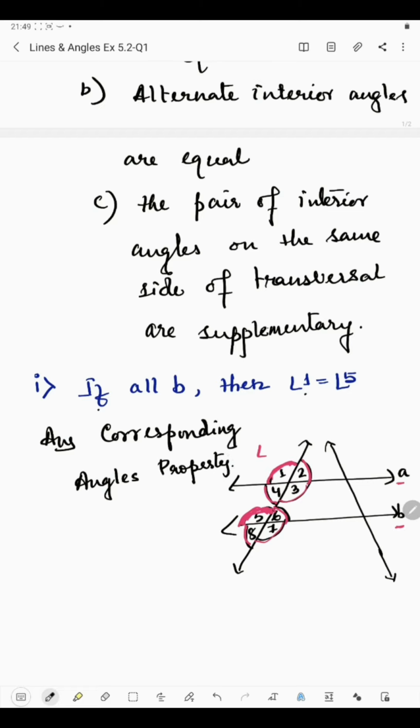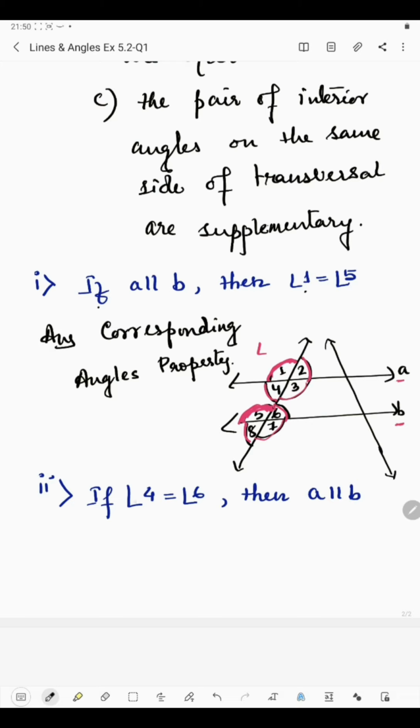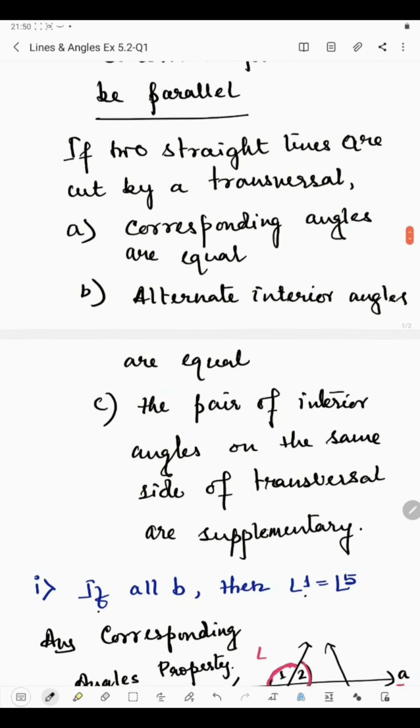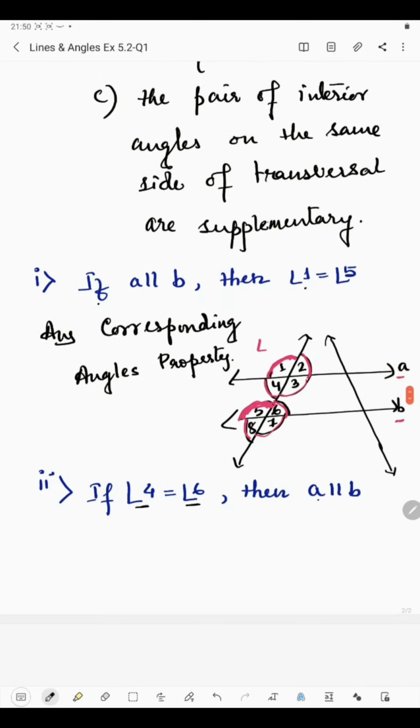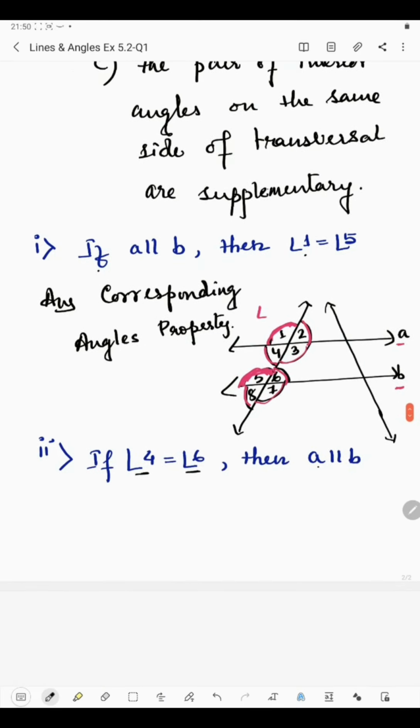Now coming to the second part. In the second part we have, if angle 4 is equal to angle 6, then A is parallel to B. This is the second condition for lines to be parallel, which is that alternate interior angles are equal, right? Let us draw the figure once.